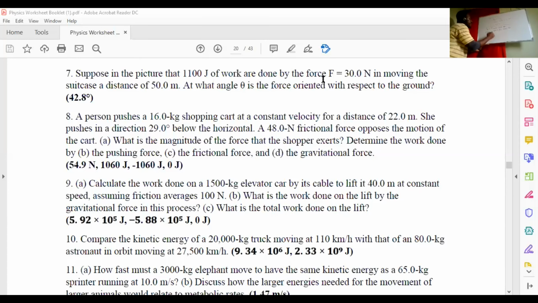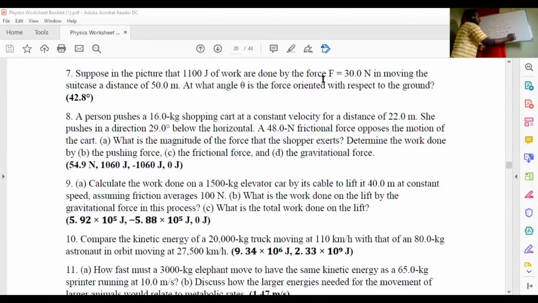theta. Right, so 50 times 30 is 1,500 cos theta, and 1,100 divided by 1,500 gives us 0.733 equals cos theta.